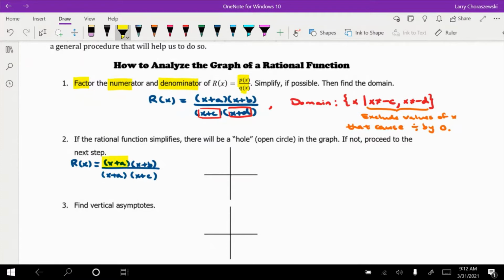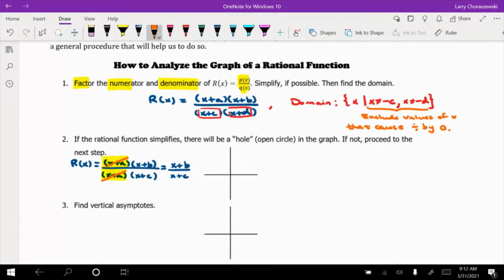So if we have a factor on top that literally looks the exact same as a factor on bottom, this rational function would simplify to whatever remains on top and whatever remains on bottom.